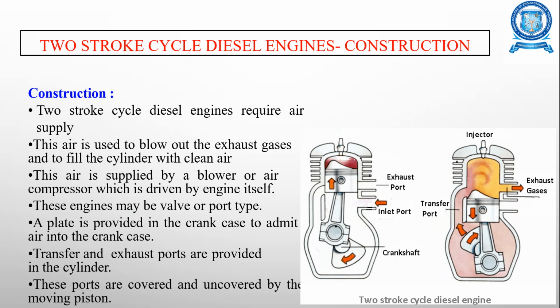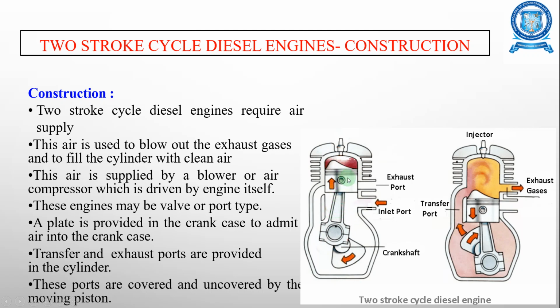For the two-stroke diesel engine, we'll first study the construction. Two-stroke diesel engines require air supply. Here you can see this is the piston, and this piston is connected to this crankshaft by means of a connecting rod.